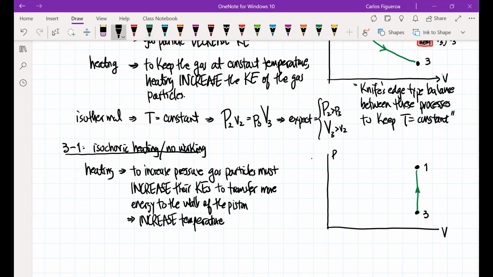So if I look at this, my volume is fixed. Where I go from here, then I'm going to come up to here. So I'm going to fix my volume. Let's say I fix it right here. That's my fixed volume.